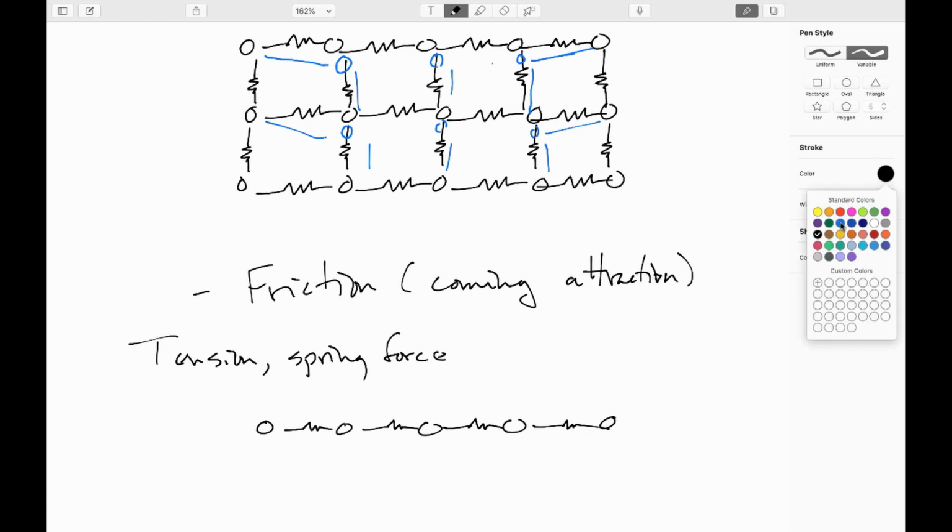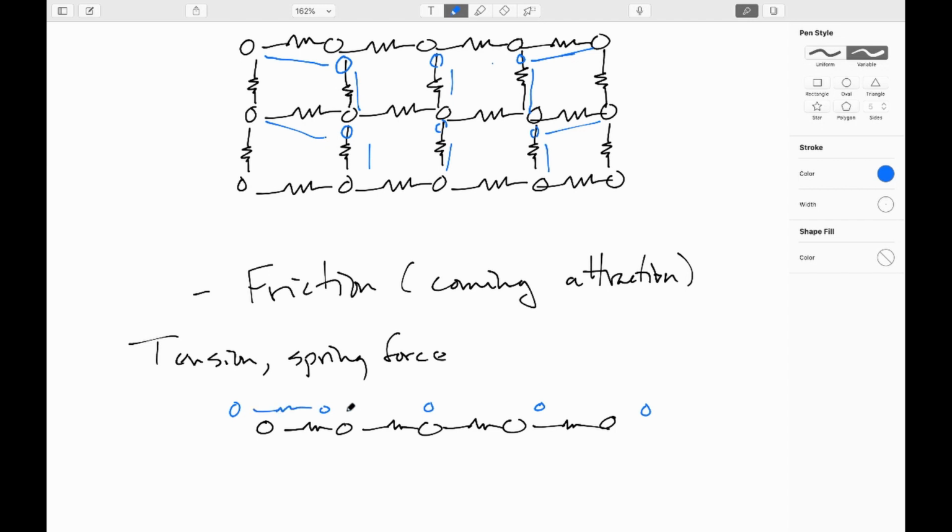And then when you pull on the rope, what winds up happening is you stretch out the bonds. They get longer. So again, same deal. As a result, the bonds will try to contract and pull the rope back to its original shape, exerting a force due to tension on the objects that the rope is attached to.